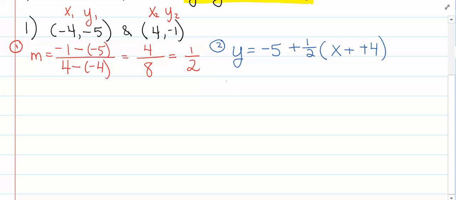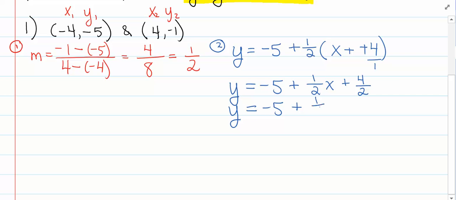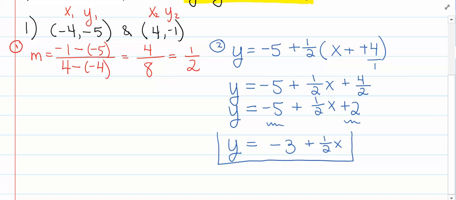You want to distribute, get into slope-intercept form, so y equals -5 plus 1/2 x, and then 1/2 times 4 is going to be 4/2, which reduces down to 2. Combine like terms. And there is your slope-intercept form of the equation.